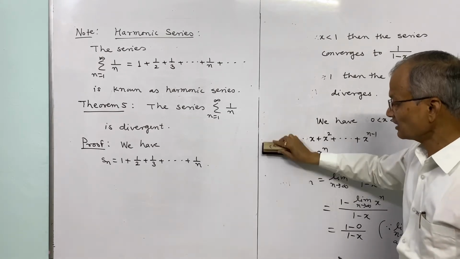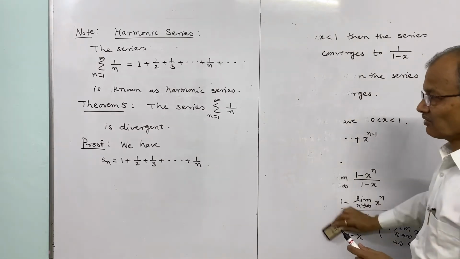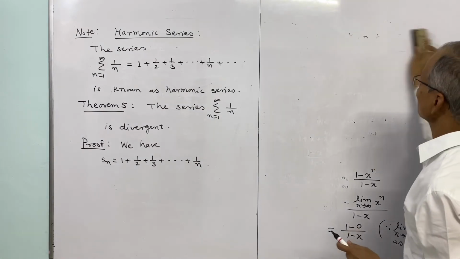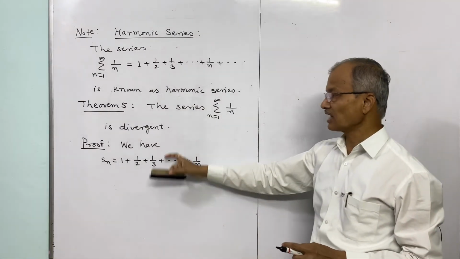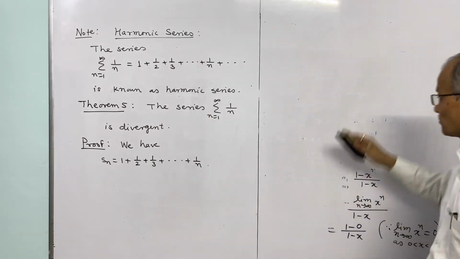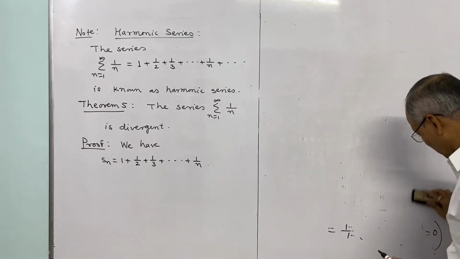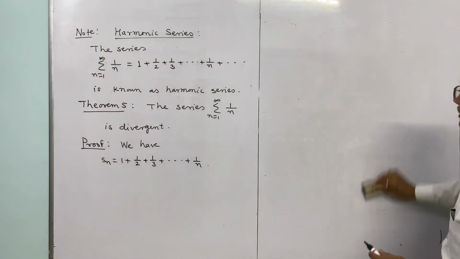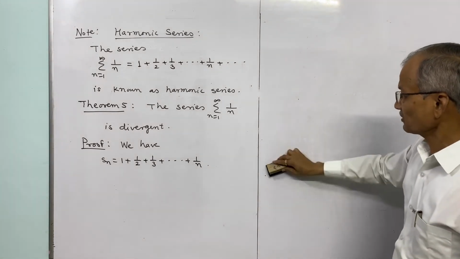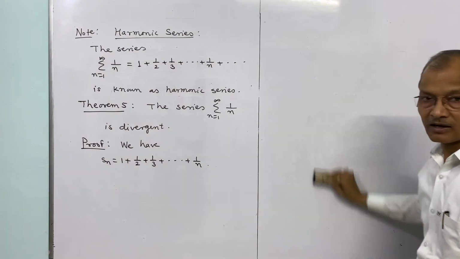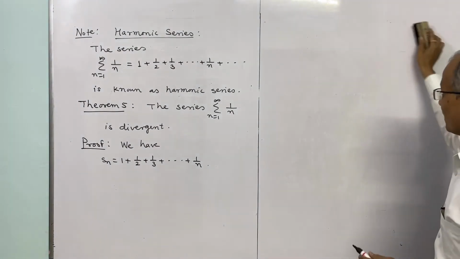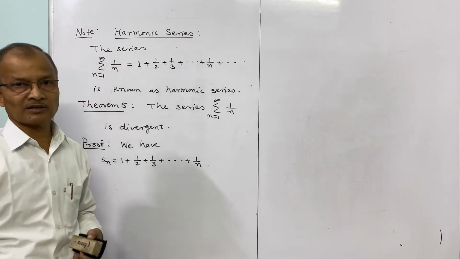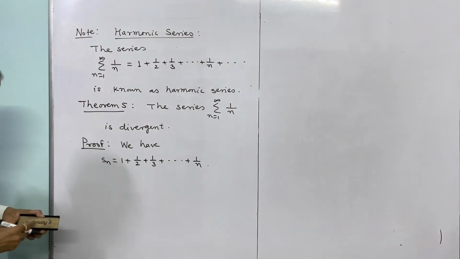If it is convergent, then the series will converge, and if it is divergent, the series is divergent. Actually here we have to show that this Sn is divergent, then the corresponding series becomes divergent. And to show Sn is divergent, we shall show a subsequence of Sn is divergent. And we know the result that if a subsequence of a sequence is divergent, then the sequence is also divergent.